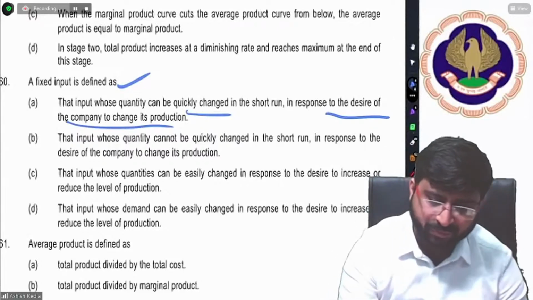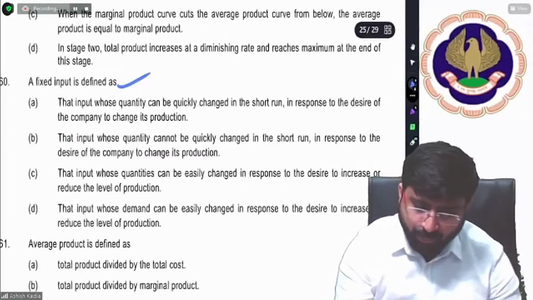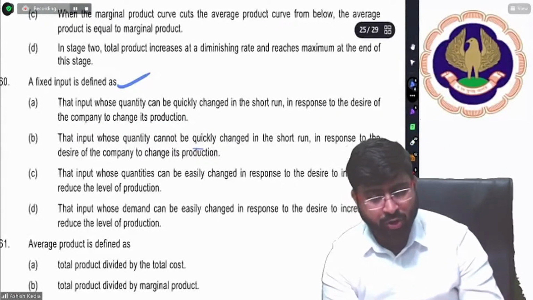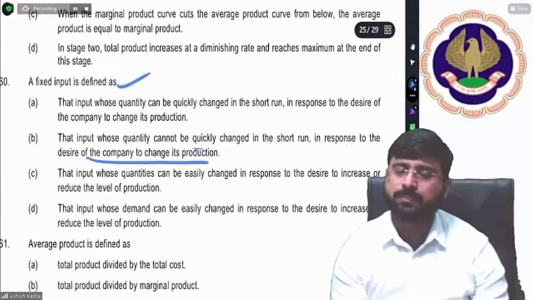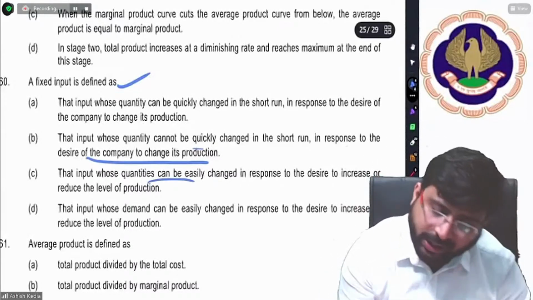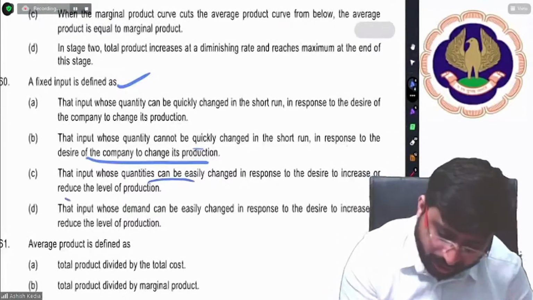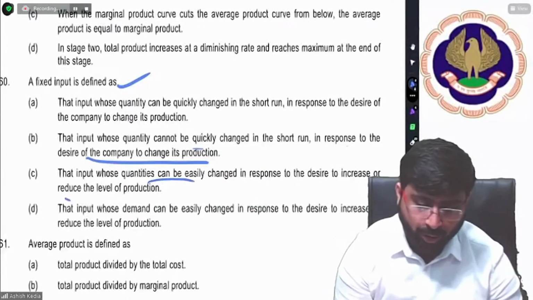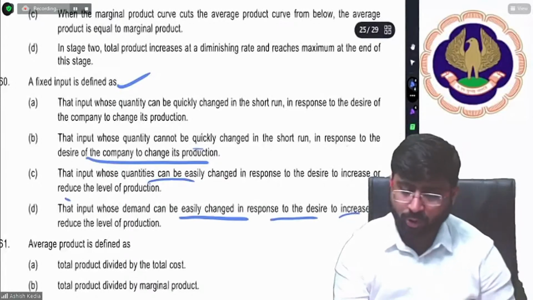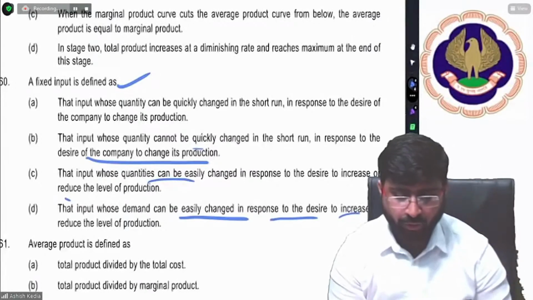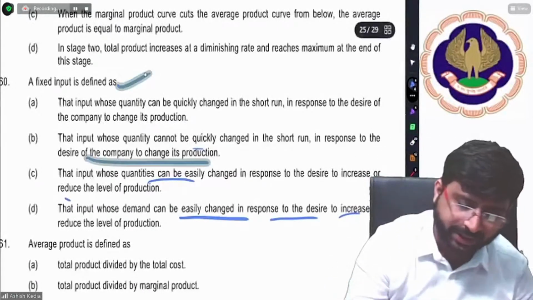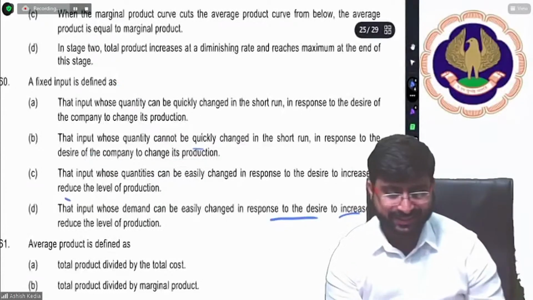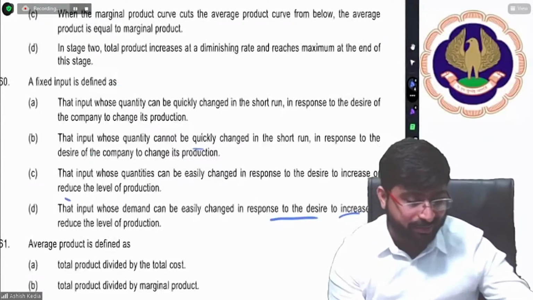Option B: the input whose quantity cannot be quickly changed in the short run in response to the desire of the company. Other options: those inputs whose quantity can be easily changed in response to the desire to increase or reduce the level of production. Which one is the correct answer? Very easy question as a matter of fact.